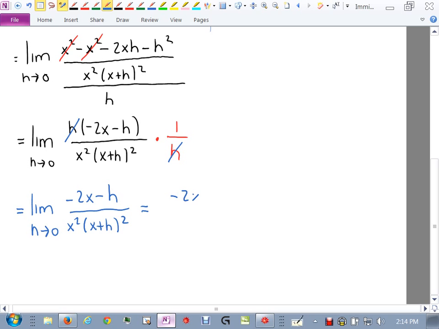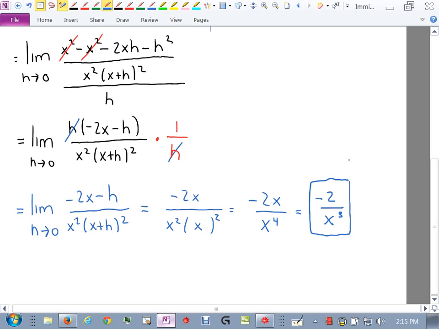And the bottom? x squared times x squared again, right? x squared times x squared is x to the 4th, isn't it? And if I have an x on top and an x to the 4th on the bottom, that's really like an x cubed on the bottom. Agree?